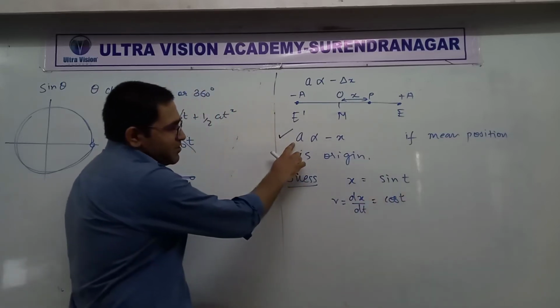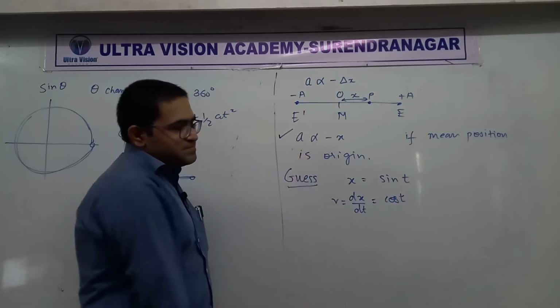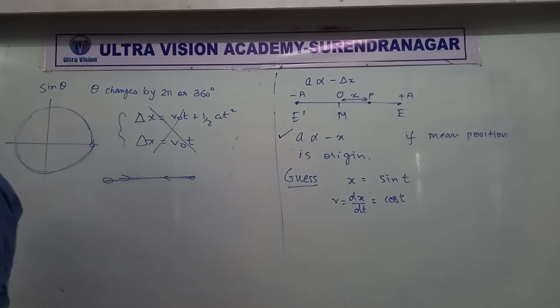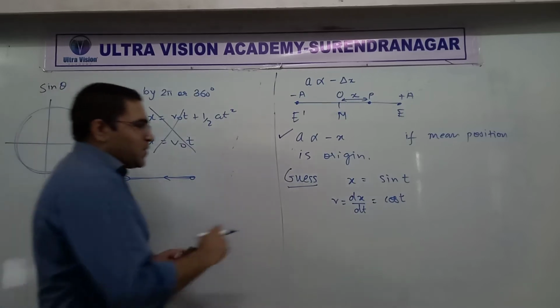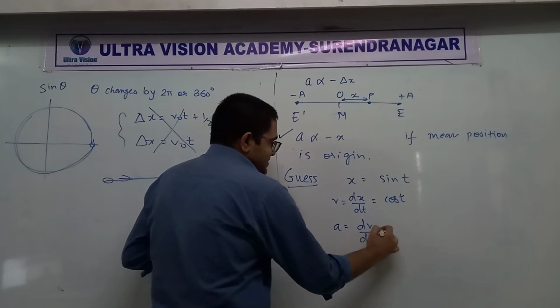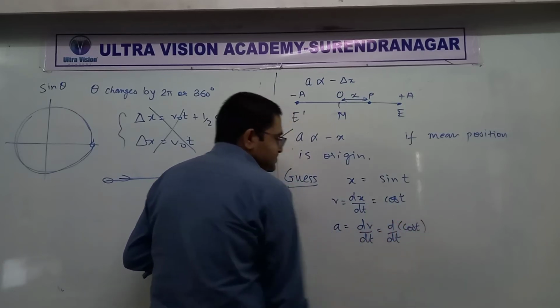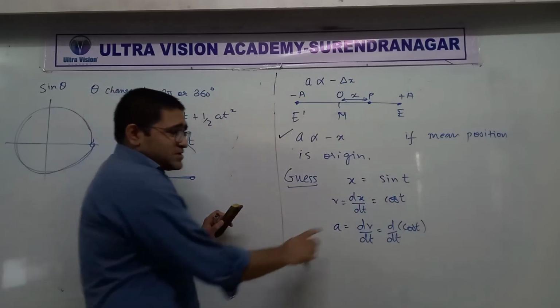But here it's about acceleration. From velocity, how do you find acceleration? Yes, by doing differentiation. Very good. So A is equal to dv by dt, which is d by dt of cos t. What's d by dt of cos t?